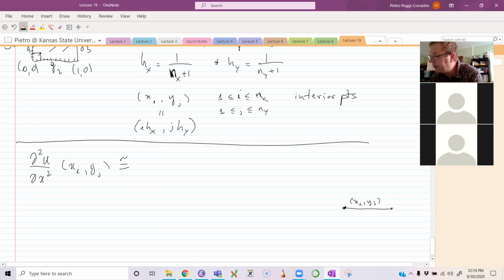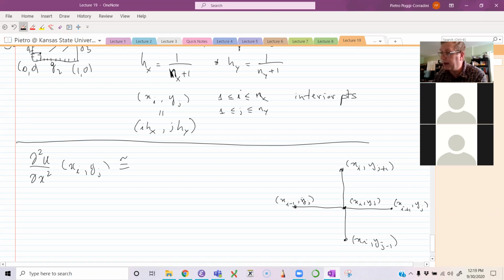It's going to have 4 neighbors, right? And this is going to be (xi plus 1, yj), (xi minus 1, yj), (xi, yj plus 1), and (xi, yj minus 1). And we have these 4 points.